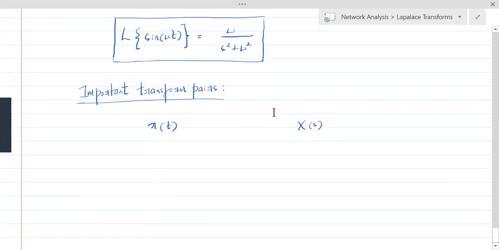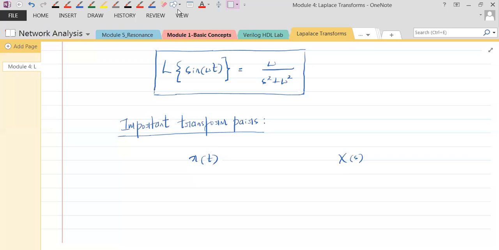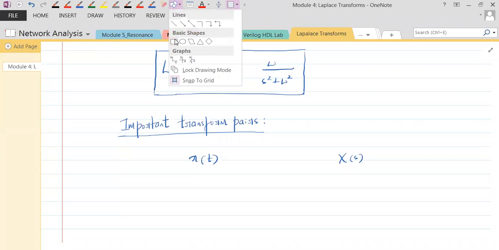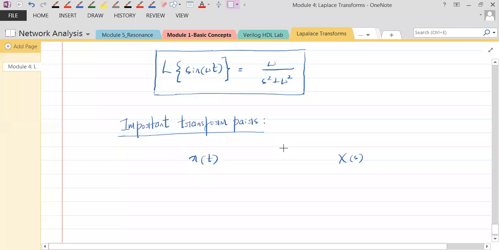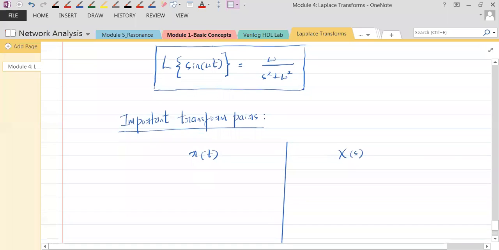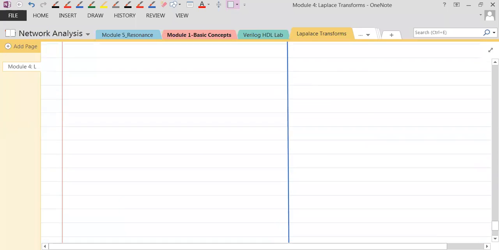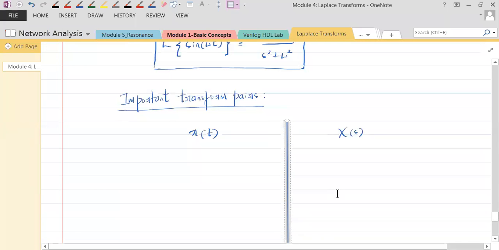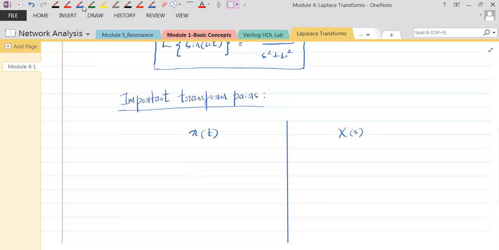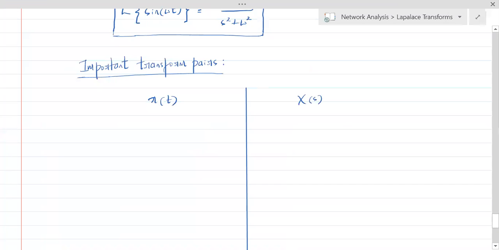Understand that? So we shall just see what we have seen so far. Everybody just copy this list. Now, what is the first?